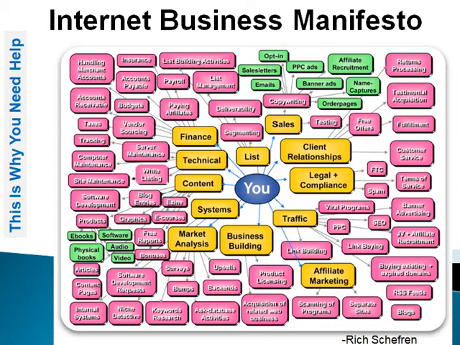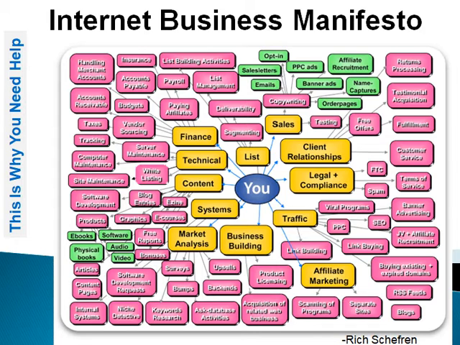It was because of this that one of the top gurus online, Rich Skrenta, came up with what he called the Internet Business Manifesto. This Manifesto has been downloaded more than 100 million times. This was massive.